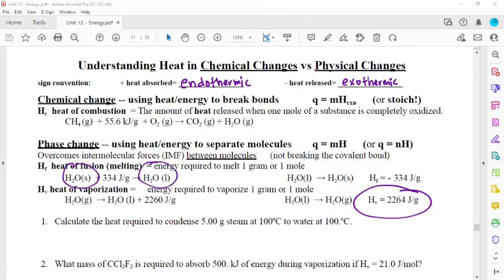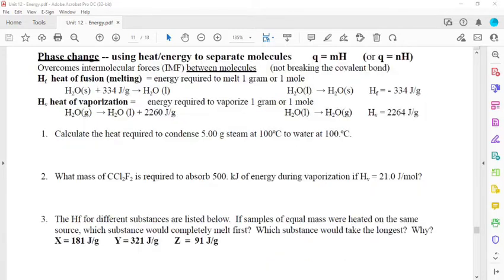I need to add heat to make my solid ice melt into liquid. On the other hand, if I want my liquid to turn into a solid, then I'm going to have to remove that same amount of heat. It's going to be losing that amount. So sometimes you might see these as positive, sometimes as negative, and we just have to remember to make sure that those signs match what's happening with the energy as we think about those physical changes.